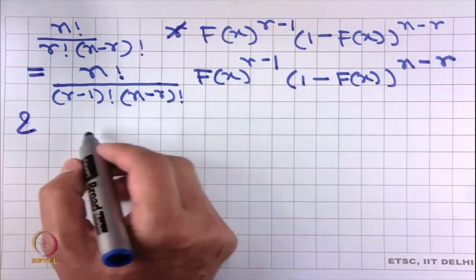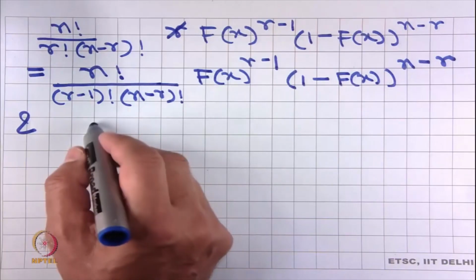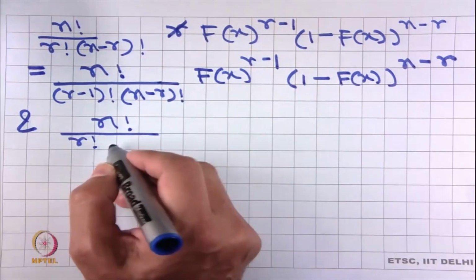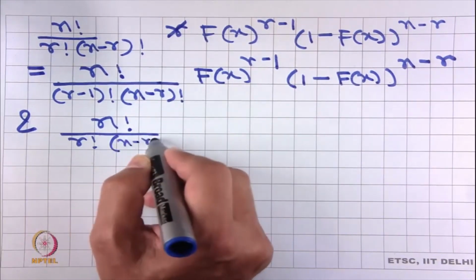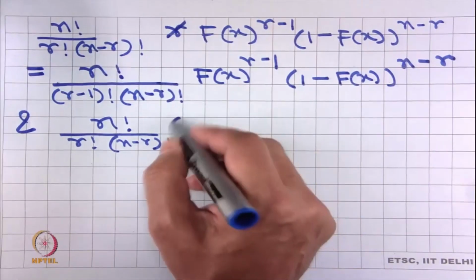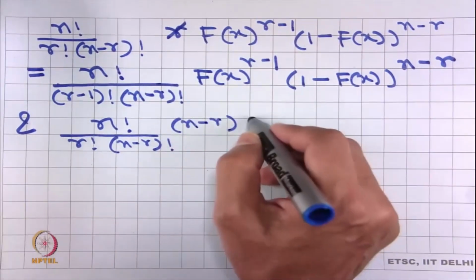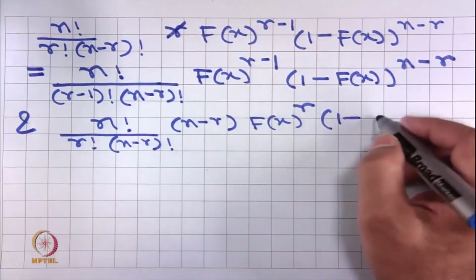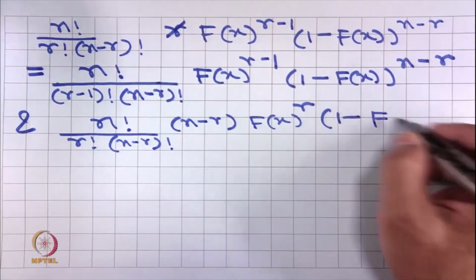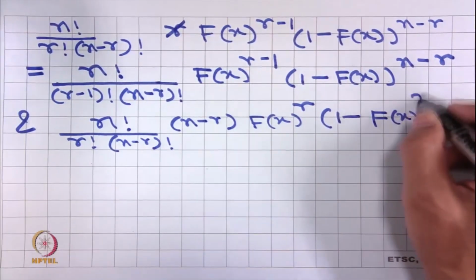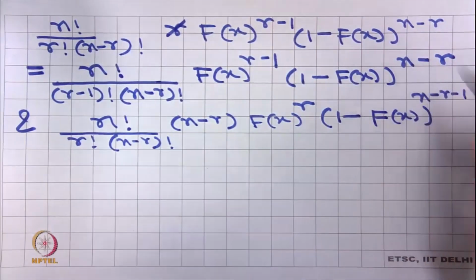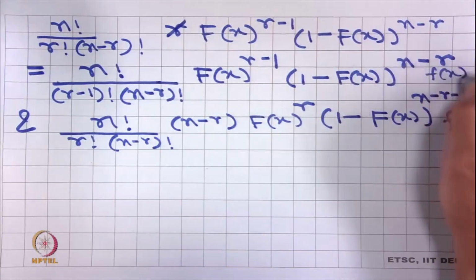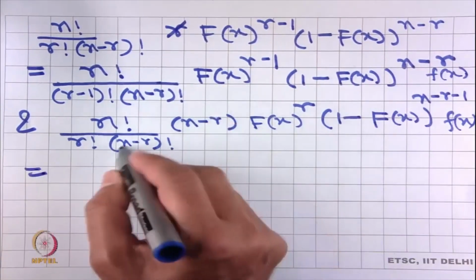And what is the second component? It is n factorial upon r factorial into n minus r factorial into n minus r, f(x) to the power r, (1 minus f(x)) to the power n minus r minus 1, and of course, there will be an f'(x) term there, that should have been here also, is equal to, now this cancels with the first one.